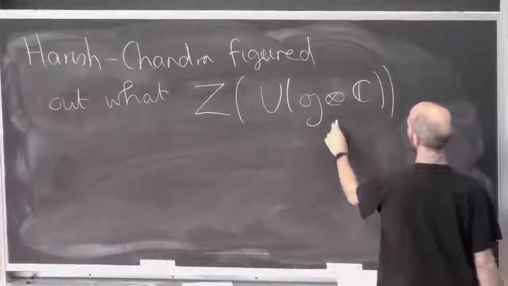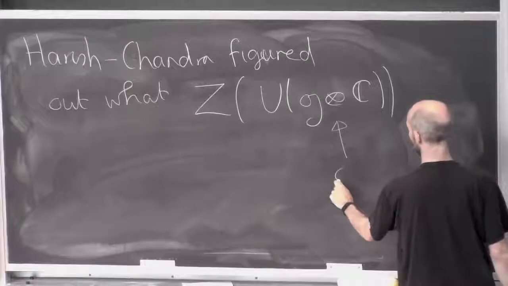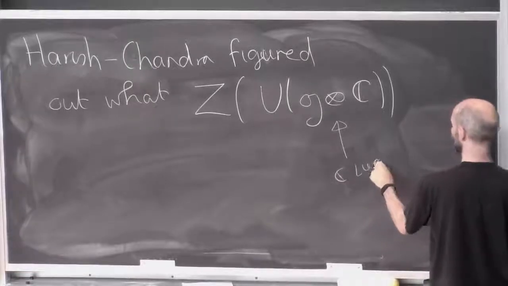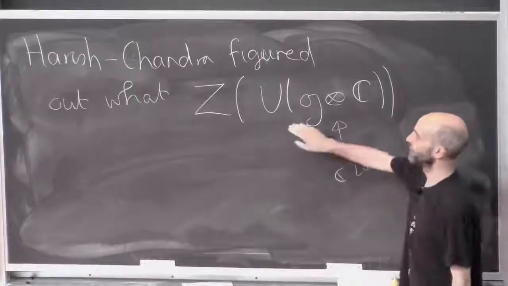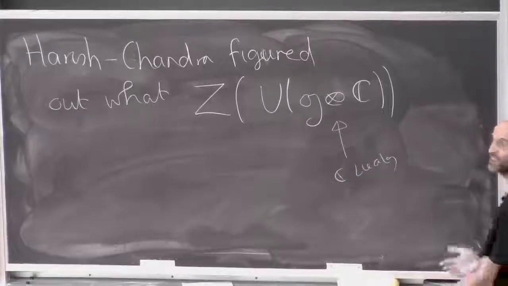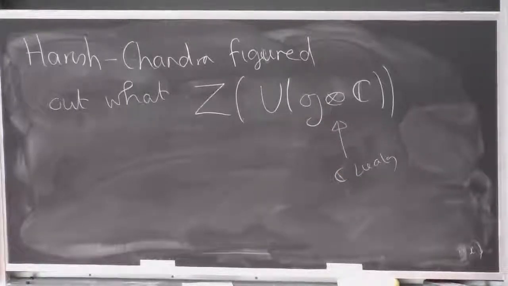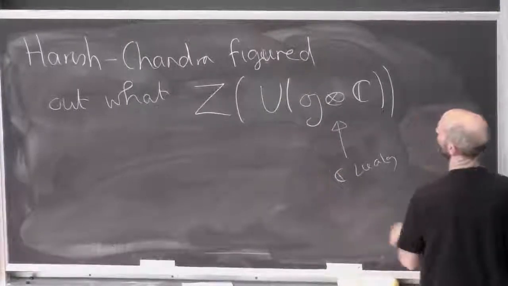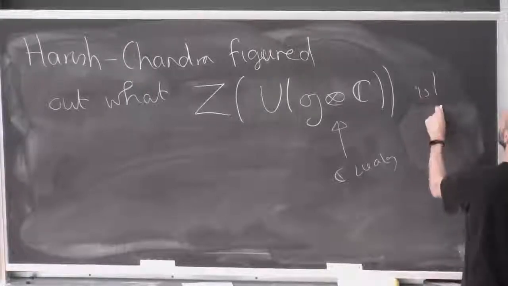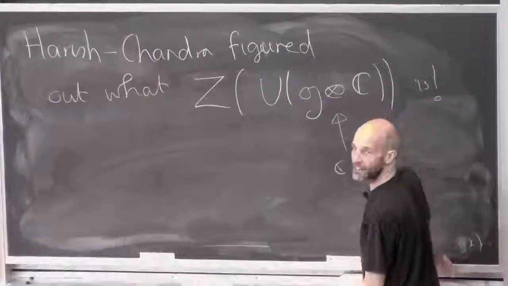I did everything over the reals, but now this is just a complex Lie algebra. I just change all the R's to C's. It doesn't help, still everything's non-commutative. Harish-Chandra figured out what this is, so I'm going to tell you.